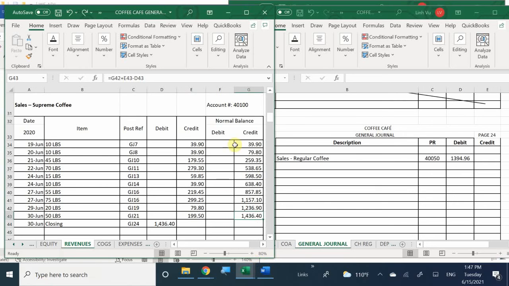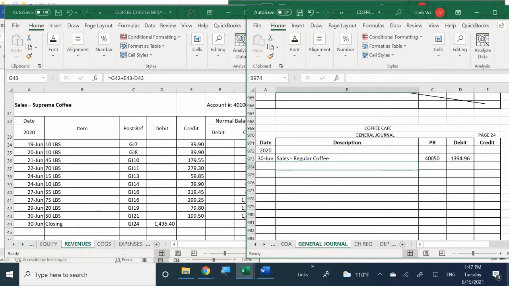And that's going to make my account balance zero out. In this case, this was sales Supreme Coffee, account 4100, for $1,436.40.